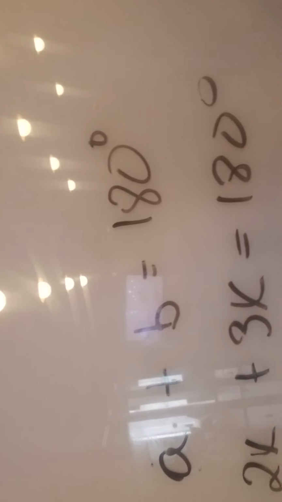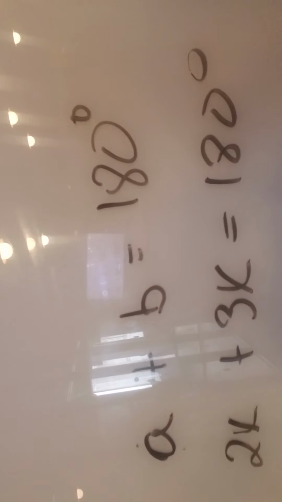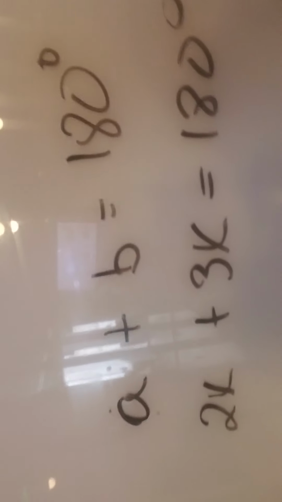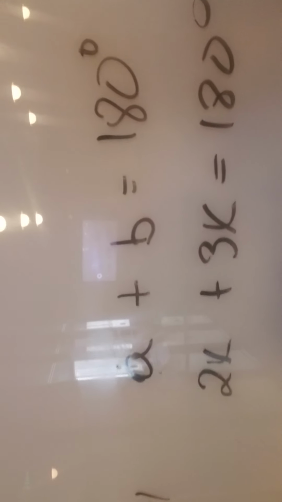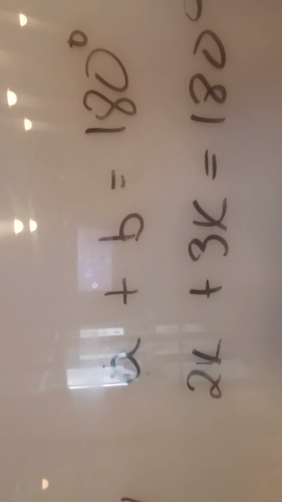In this problem, we know the angles are supplementary. Therefore, the rule tells us that angle A plus angle B equals 180 degrees. Now, we're also told the ratio representing angle A to B is 2 to 3.